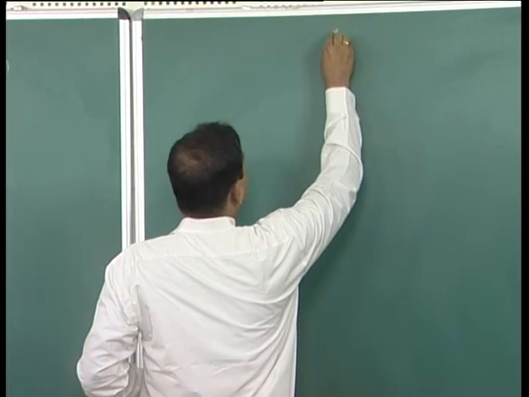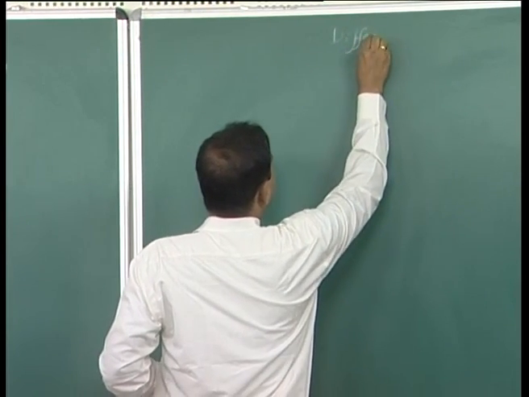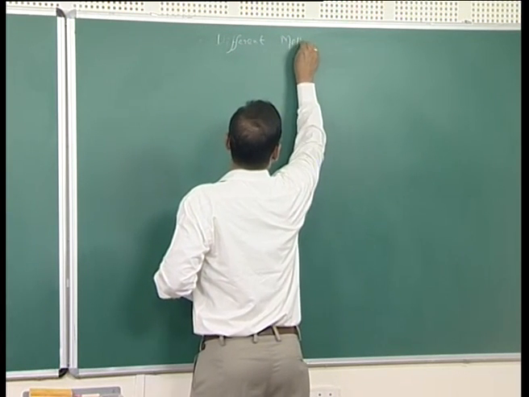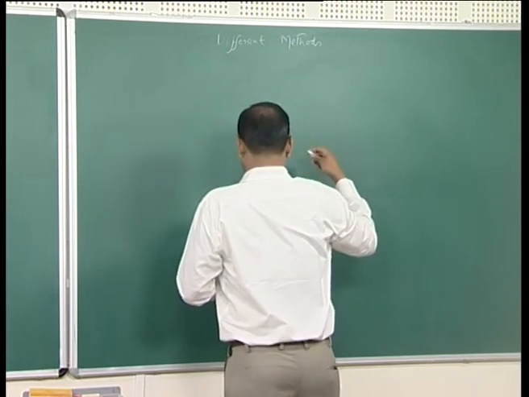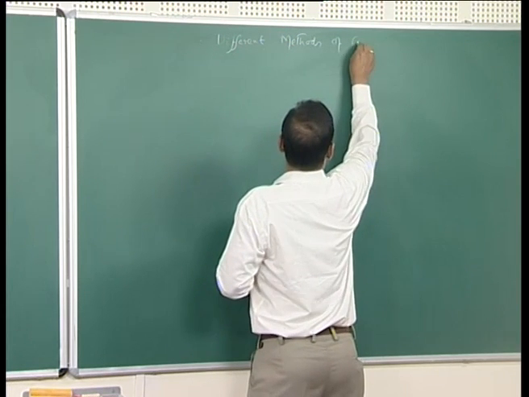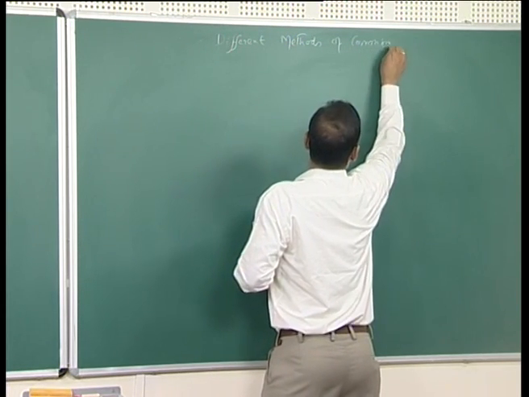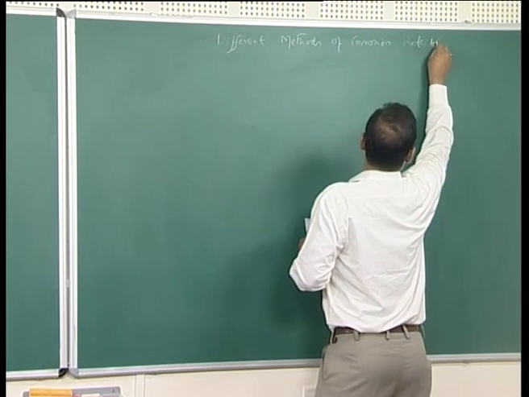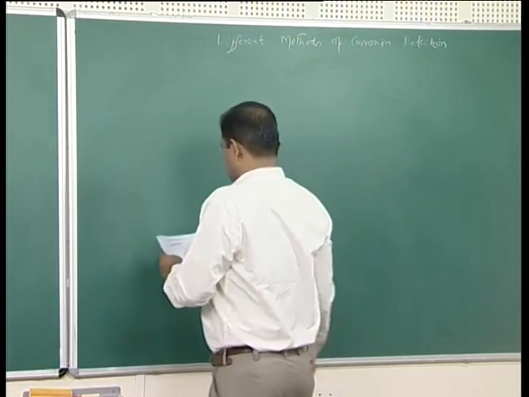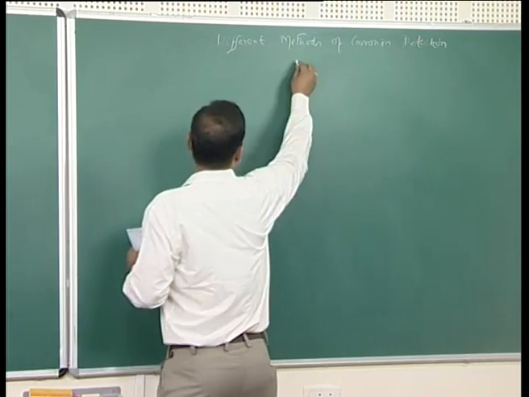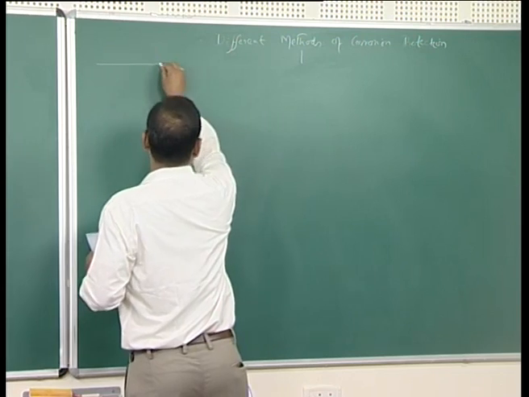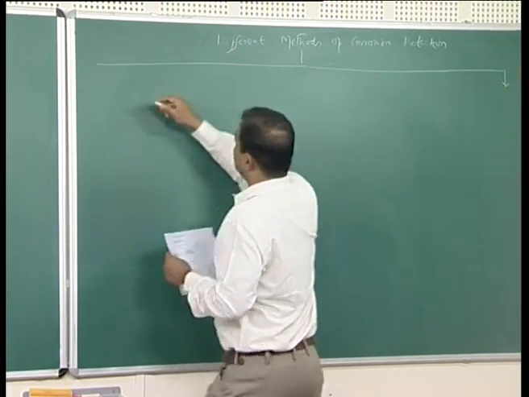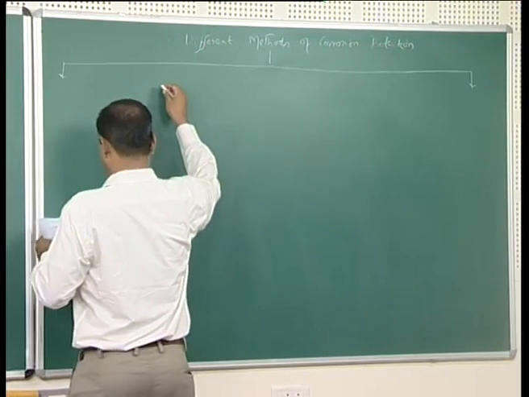So, these are the different methods of corrosion protection. You can have different protection mechanisms. There are 5 broad groups.